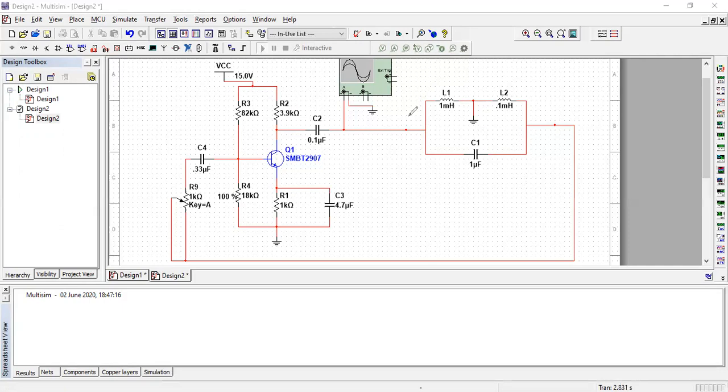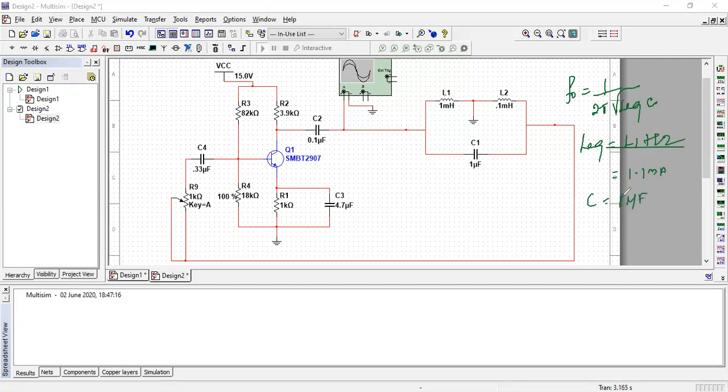Okay, so how can we calculate the frequency of the circuit? The frequency f naught equals 1 by 2 pi root of L equivalent into C. Here two inductors are there, so L equivalent is L1 plus L2. When you add these two, we get 1.1 millihenry. What about the capacitor? 1 microfarad, right?